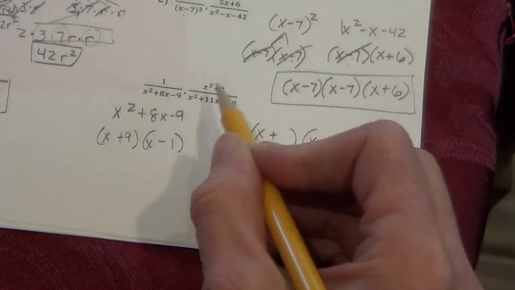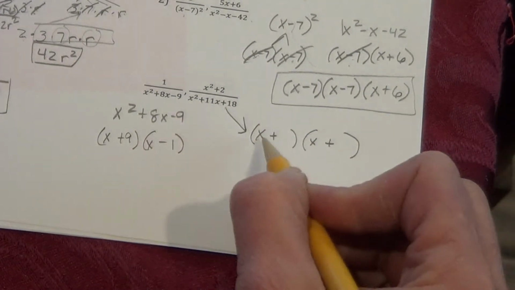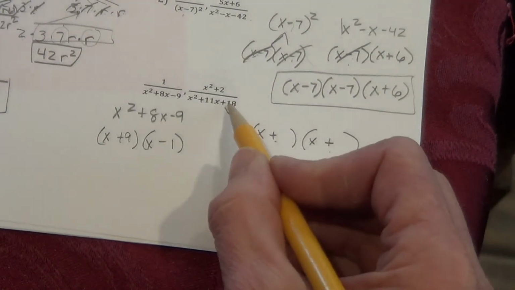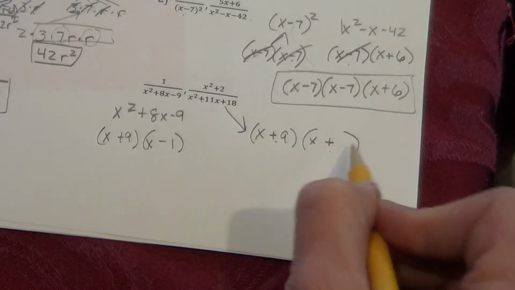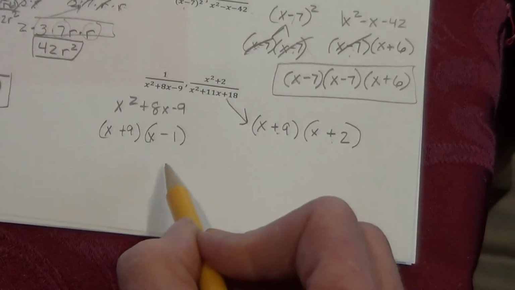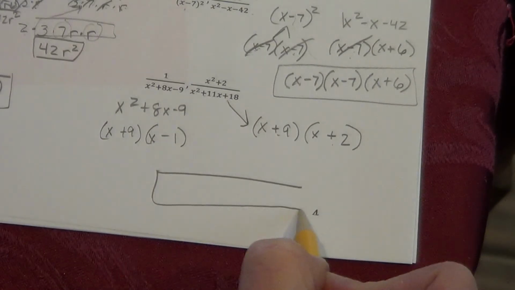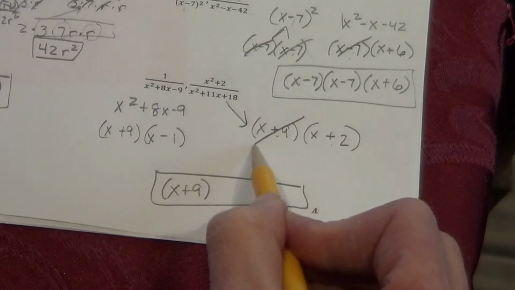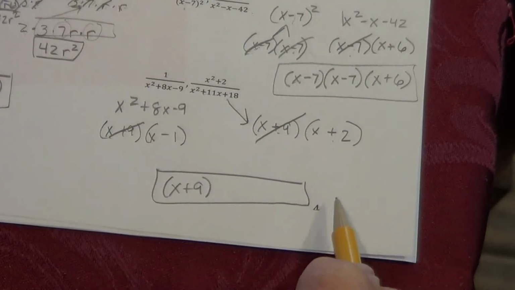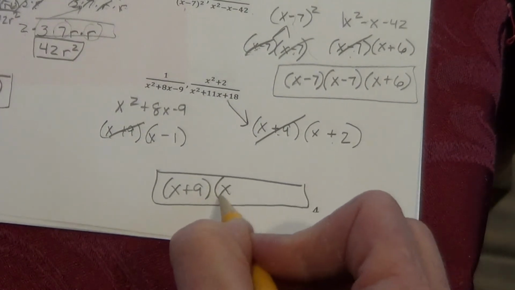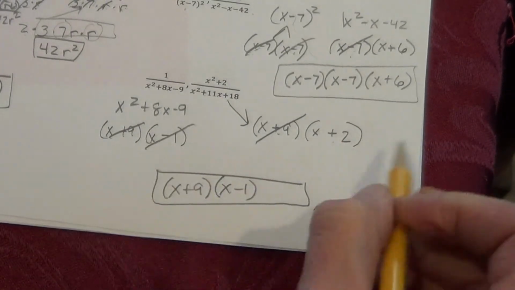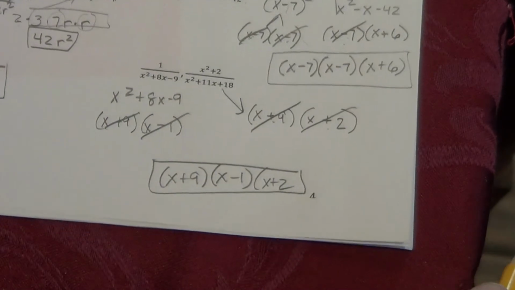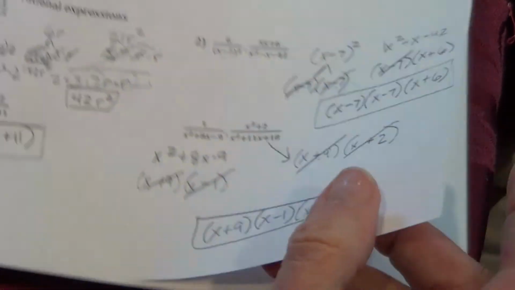Their signs would be the same, and since the middle number is positive, I know they're both positive. And two numbers that multiply to be 18 and add to be 11 would be 9 and 2. Well, I can see on our party lists that we both have x plus 9, so we can invite x plus 9 once, and then we have x minus 1 off of that list, and x plus 2 off that list. Okay, so that's how I find the LCD.